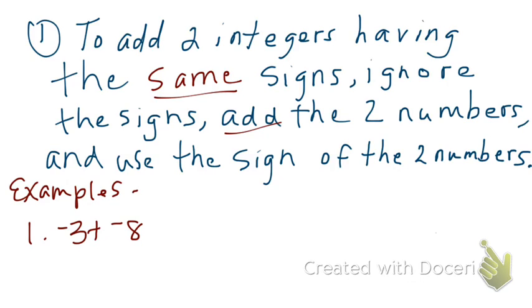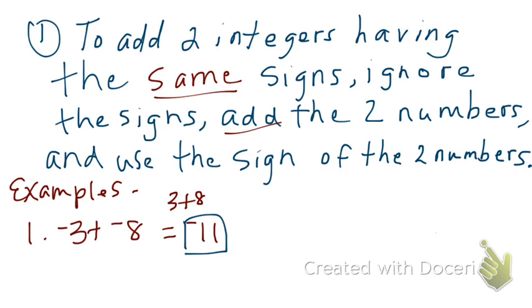So for example, negative 3 plus negative 8. So we're going to ignore the signs, and so we're going to work with 3 and 8, and we're going to add them. And then, of course, we get 11, and since the two numbers are negative, our answer will be negative.